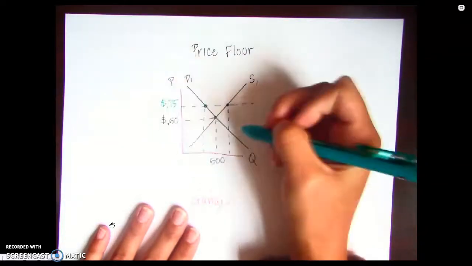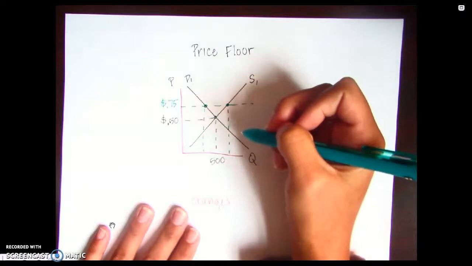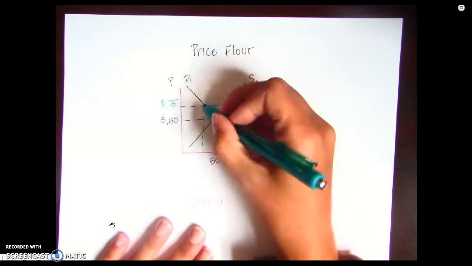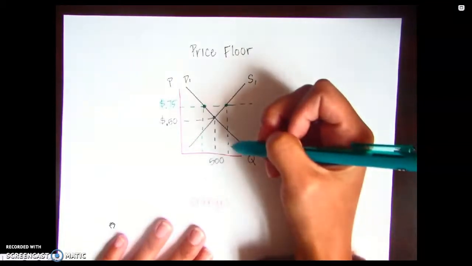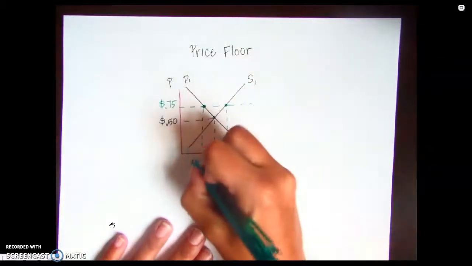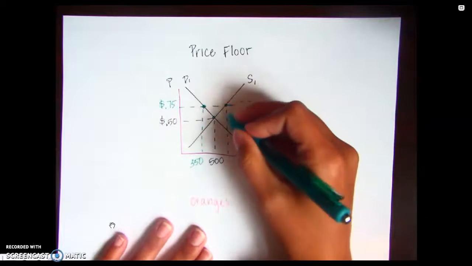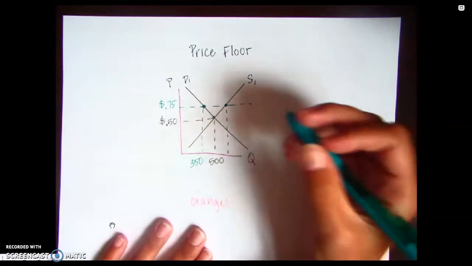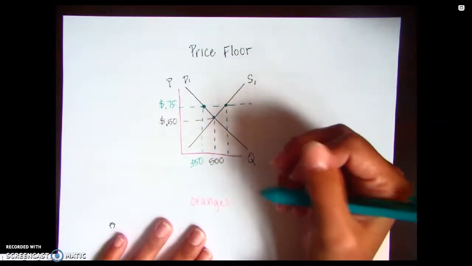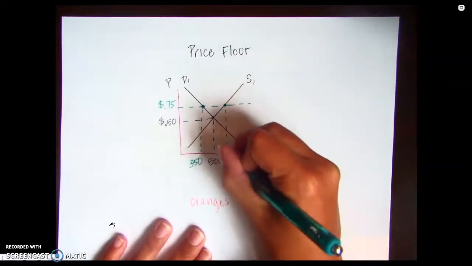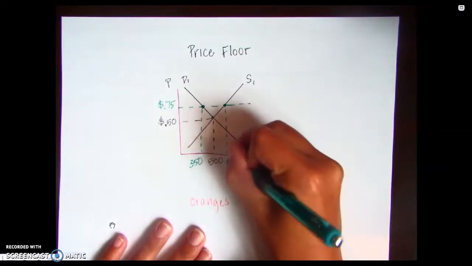So now we have a price increase just like we did before when we did this with apples. And because of this price increase, we have fewer consumers wanting to purchase those oranges. So maybe now we're down to 350 in demand. And our producers are excited because now they're going to make more money at 75 cents an orange instead of 50 cents an orange. And so now they are going to have 650.